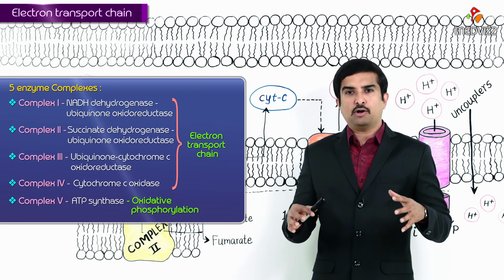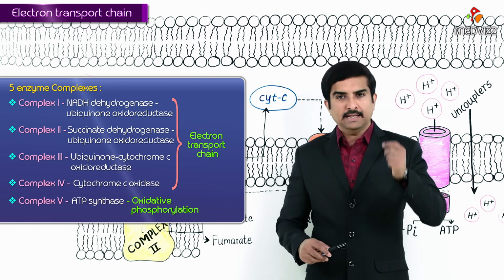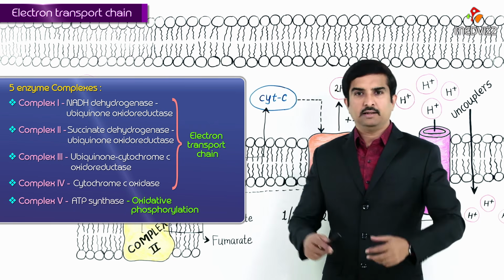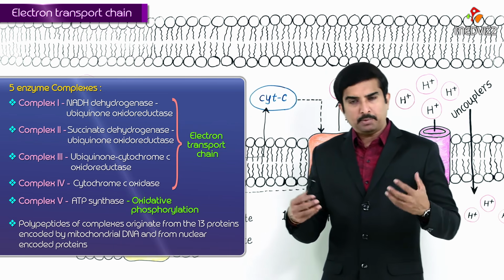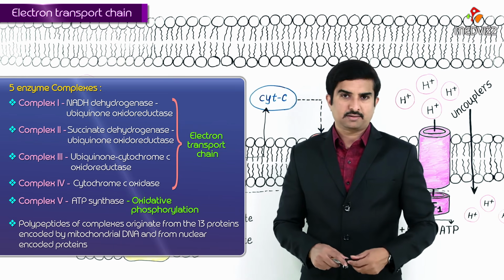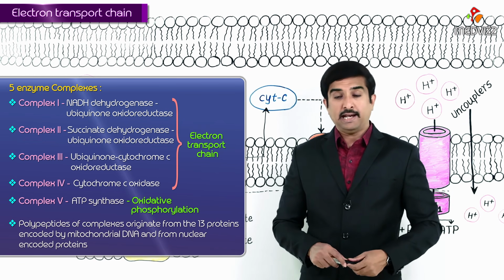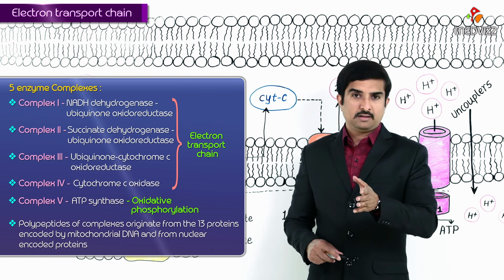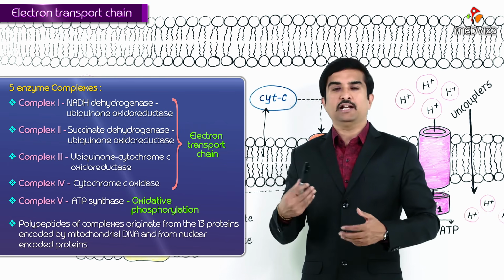These enzyme complexes are embedded in the inner mitochondrial membrane, and their peptides originate from 13 proteins encoded by the mitochondrial DNA, as well as from nuclear encoded proteins which are imported into the mitochondria.